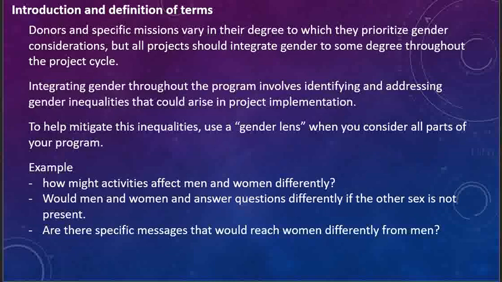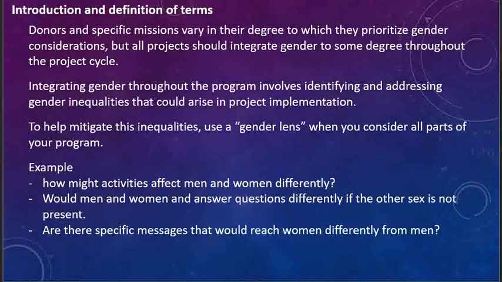Some do not have this specific objective of gender integration, but they want gender to be integrated in all the activities, results, and goal of the project. So every project, whether having a specific gender objective or trying to integrate gender, will try to have gender sensitivity in its project.